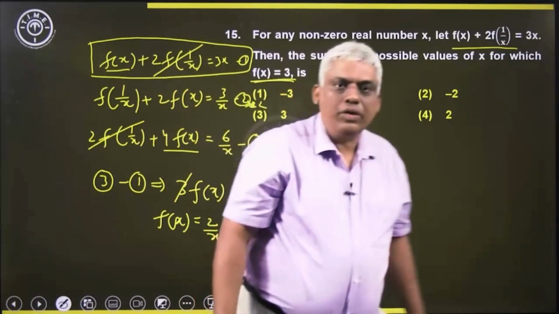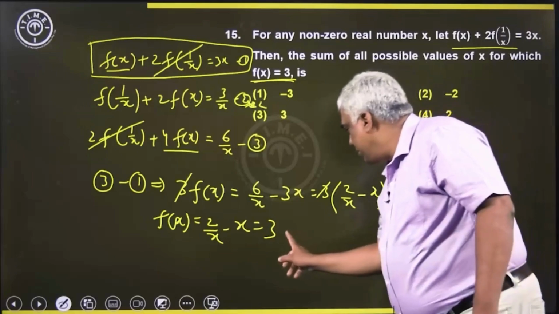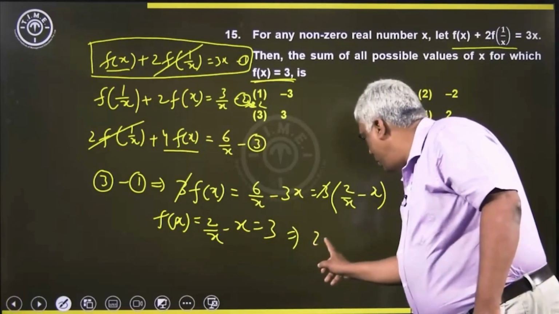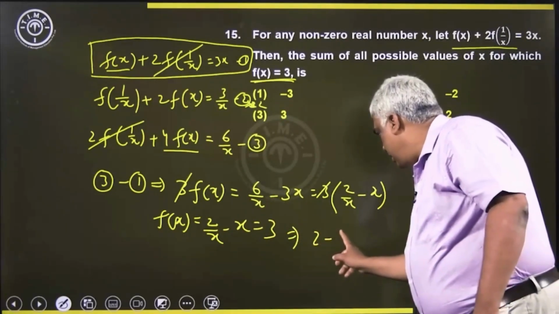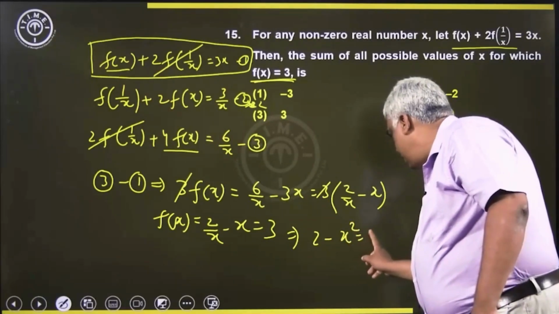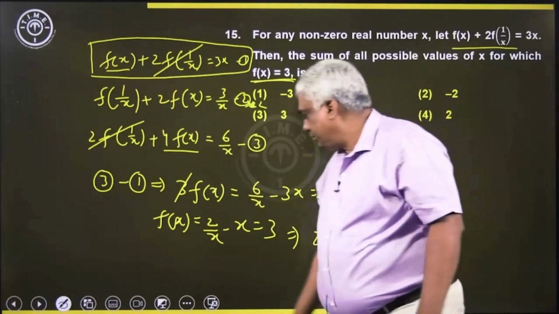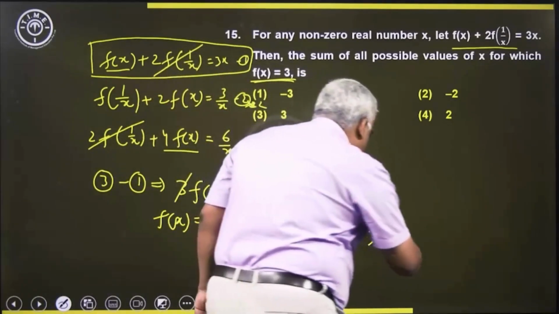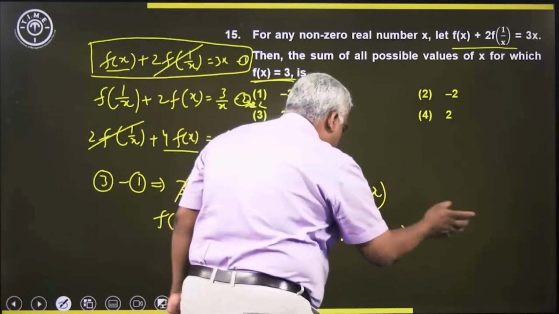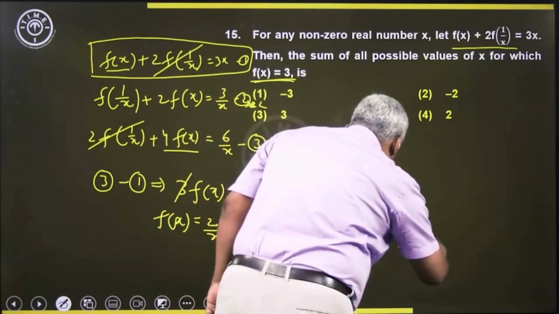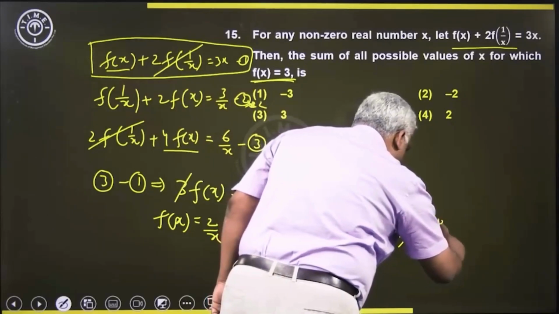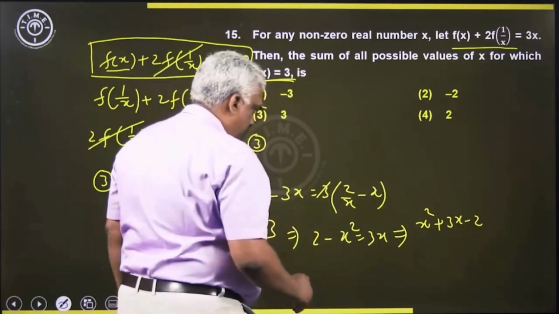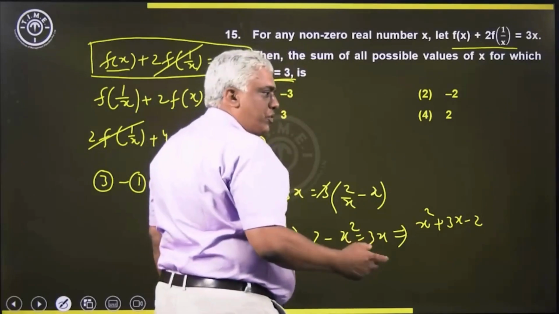Multiplying both sides by x, we got 2 minus x square equal to 3x. Taking everything to one side, x square plus 3x minus 2 equals 0.